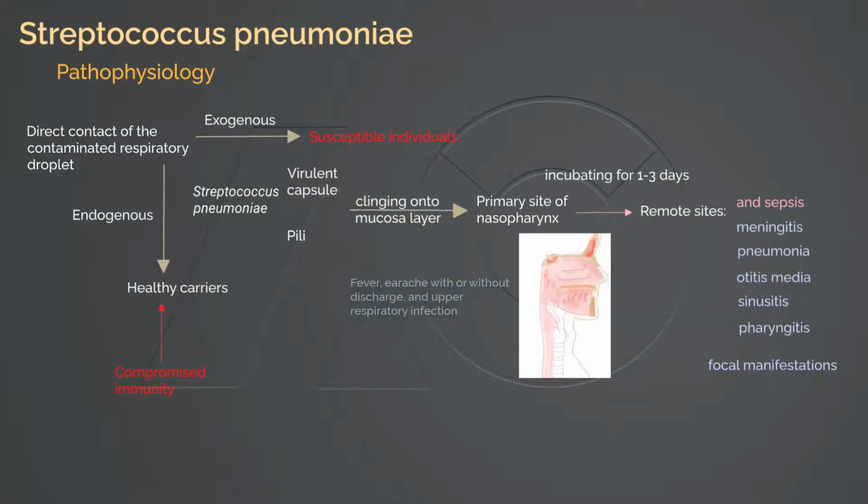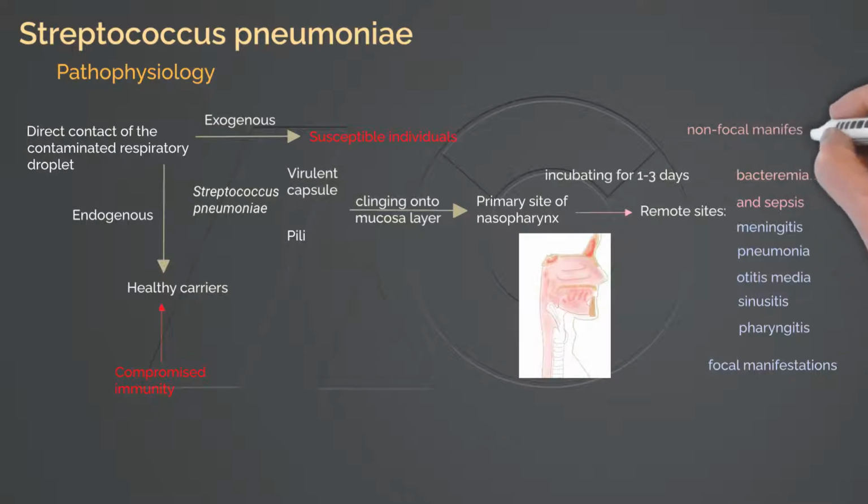Fever, earache with or without discharge, and upper respiratory infection manifest for those who have otitis media. Unlike upper respiratory infection, which has focal symptoms, bacteremia or sepsis caused by Streptococcus pneumoniae do not manifest with focal symptoms. Instead, the patient may manifest with unexplained fever and decreased responsiveness.